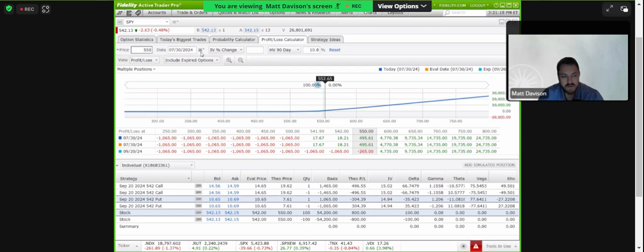Now, it is important to note that if we were to go out into the future, and let's say we were to get to September 20th and we were at the exact same price of 550, is that going to be the same thing? And the answer is no. What you'll see is that in this particular case, we're actually losing $265 because we're underneath our break-even point.